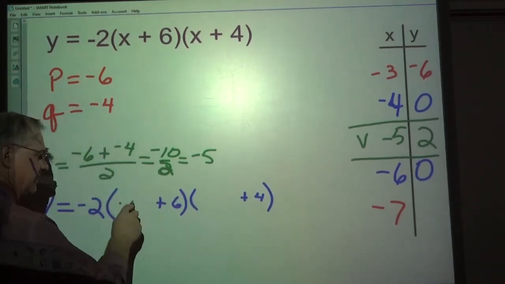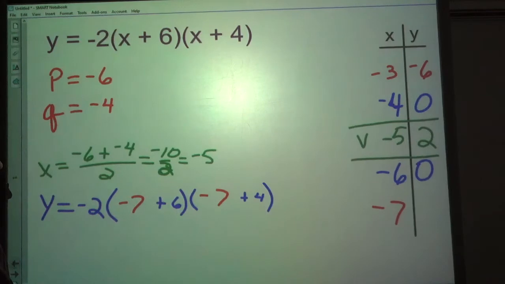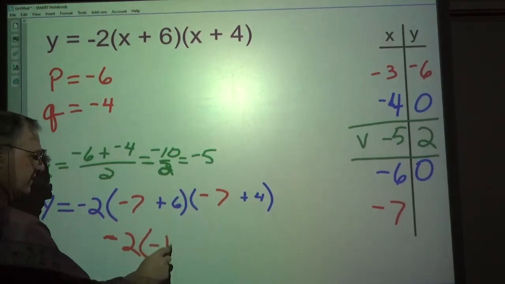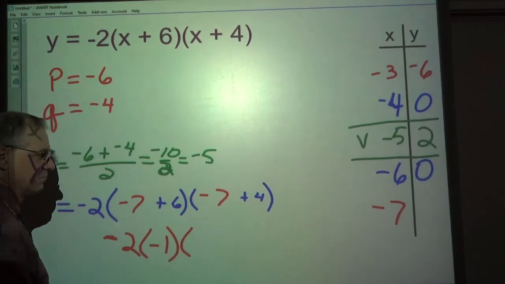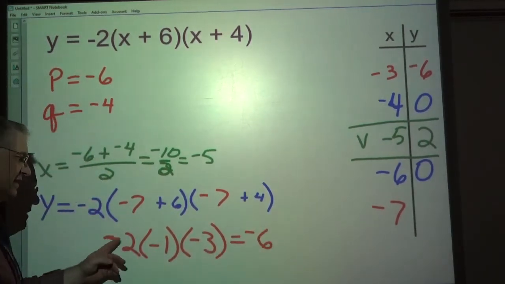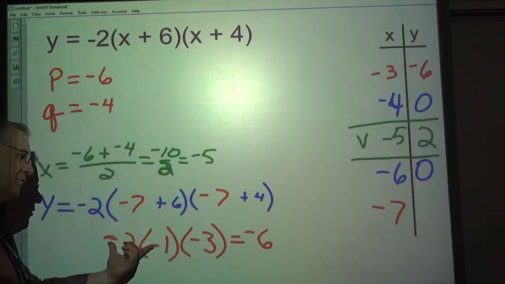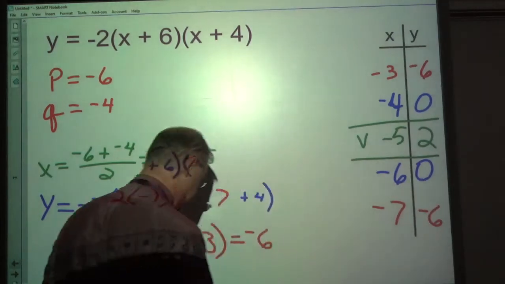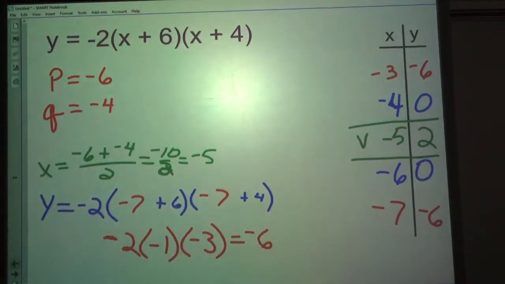All right, negative 7. Negative 2, negative 7 plus 6 is negative 1. Negative 7 plus 4 is negative 3. I multiply: negative times a negative times a negative. Positive, negative. Negative 6. And that would be the points here.